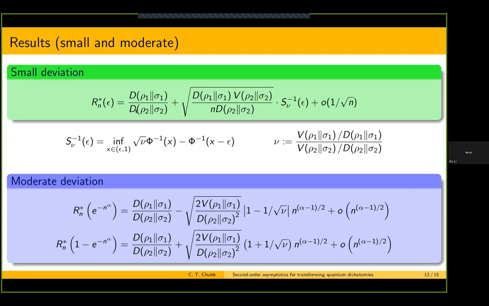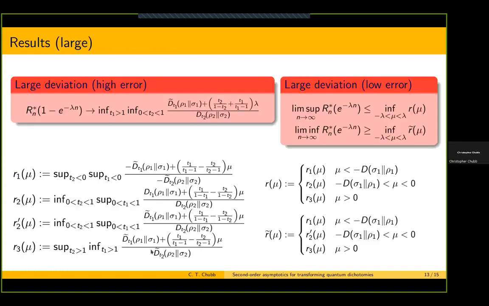The achievability, the lower bound, for that we require the second pair to commute. So when I write this sandwiched expression here, it's because if these are general, then this upper bound still holds for general states. The lower bound requires the outputs to commute.